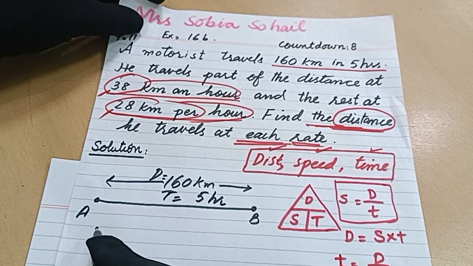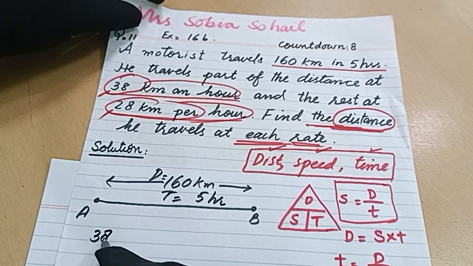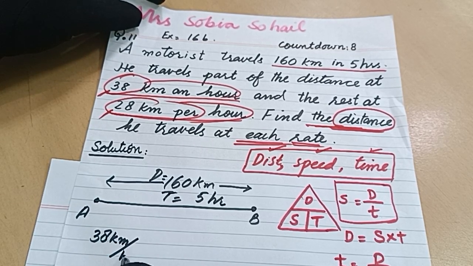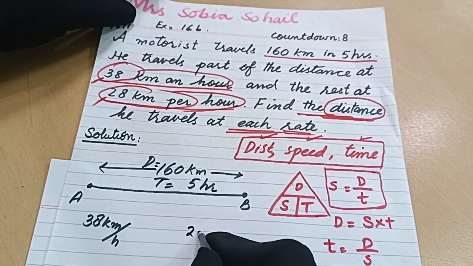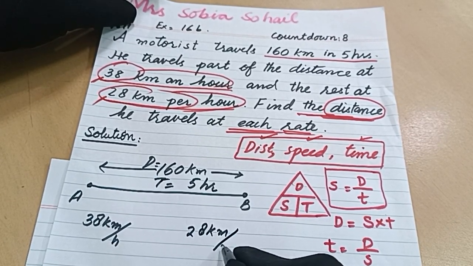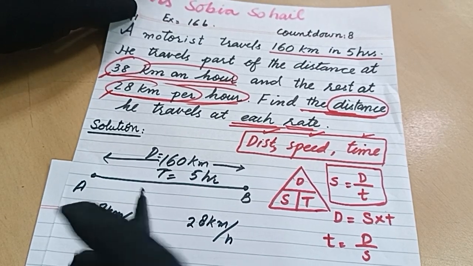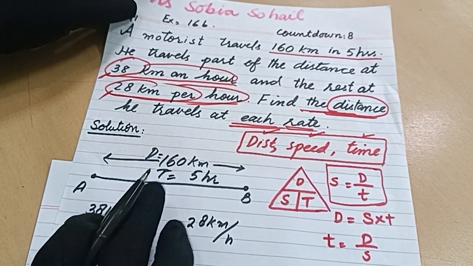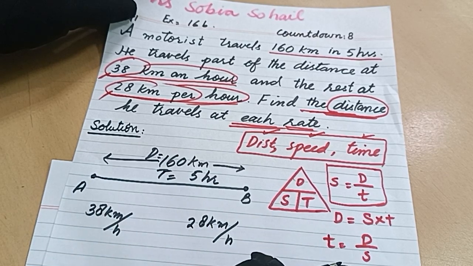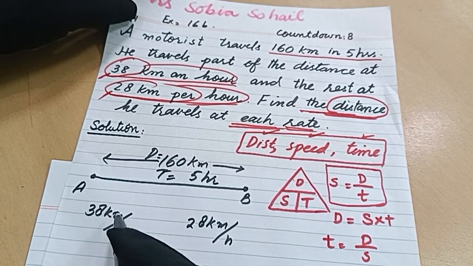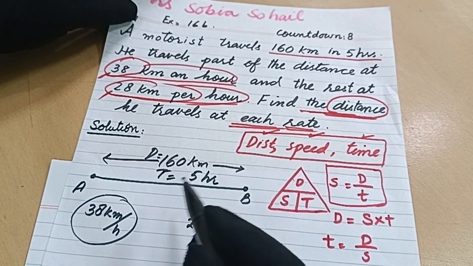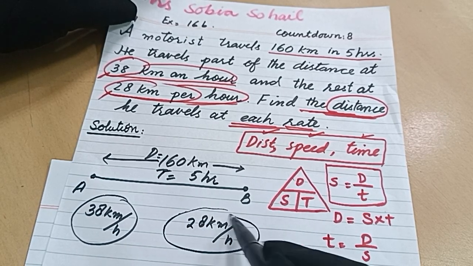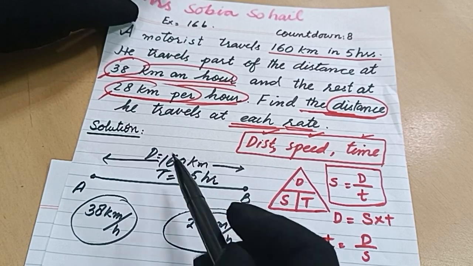First it's going with 38 kilometers per hour speed, and secondly with 28 kilometers per hour speed. The distance traveled by each we don't know. Obviously each distance is covered in a specific time out of 5 hours.